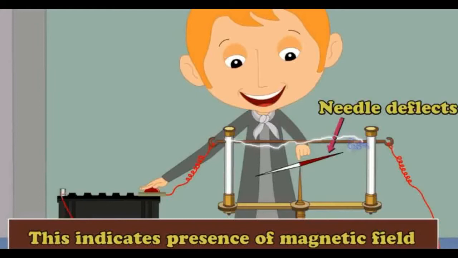Since there is no other material present here having the property of magnetism, and the needle deflects when current passes through this conductor, it means that a magnetic field is produced around this conductor, because of which this magnetic needle deflects.